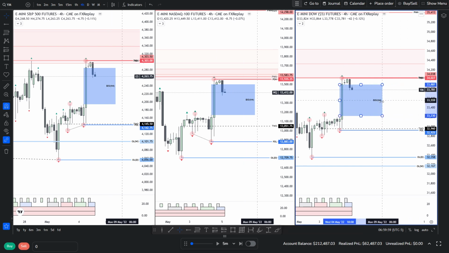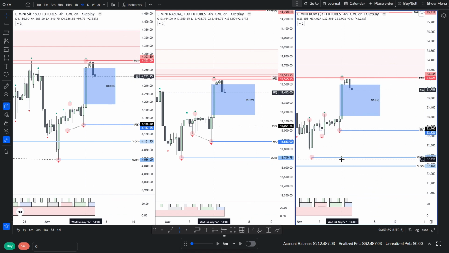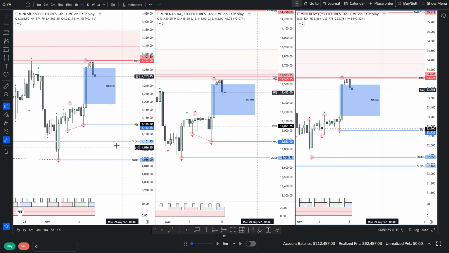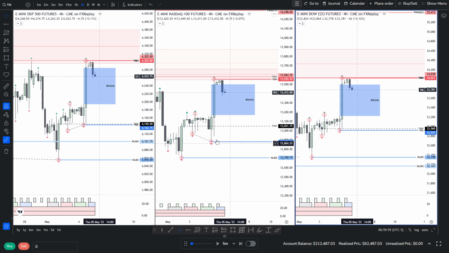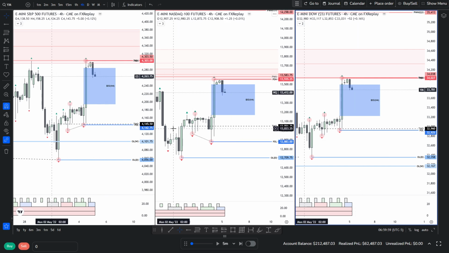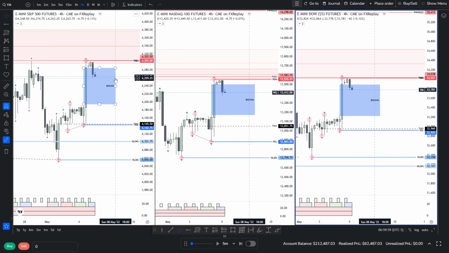So there we go. So I'm not looking at any other key price levels there. I think that's pretty much it. Okay.